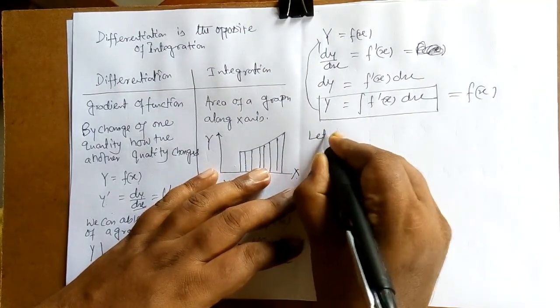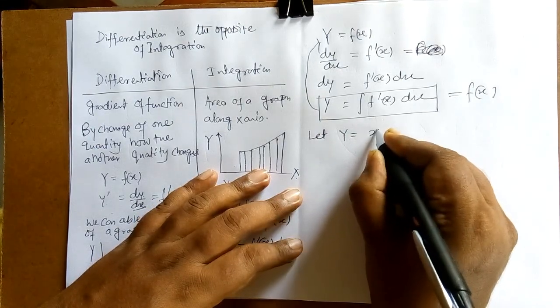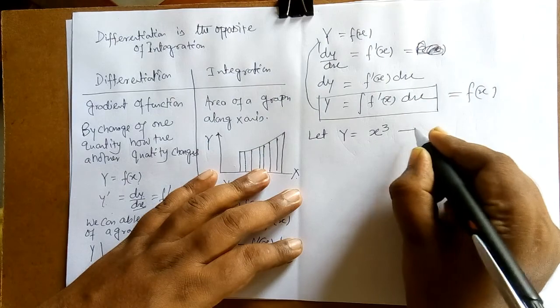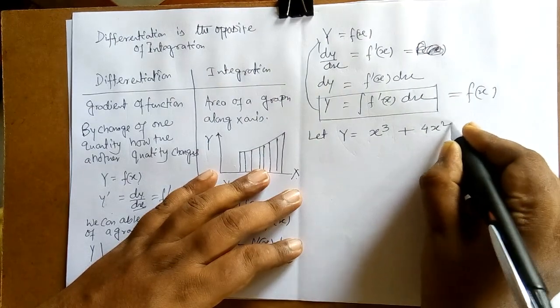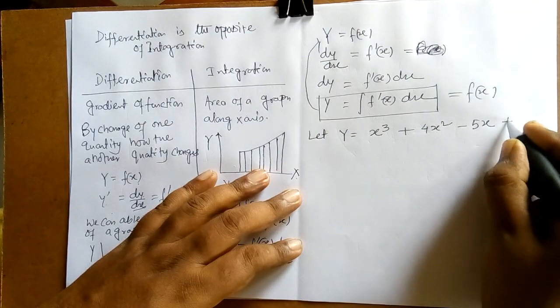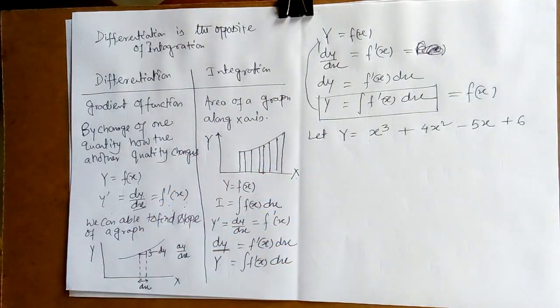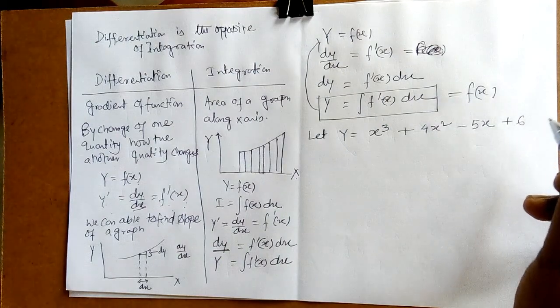Let y equal x cube plus 4x square minus 5x plus 6. Assume this represents one function. Here it is clear y is a function of x.